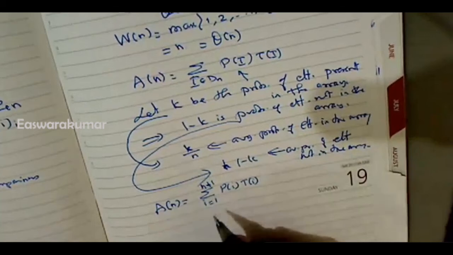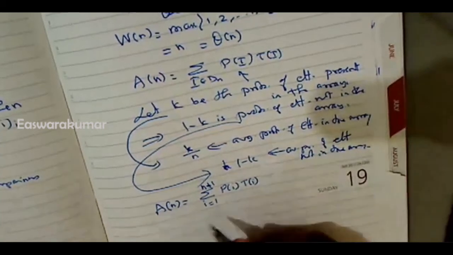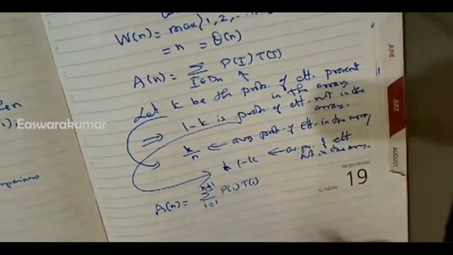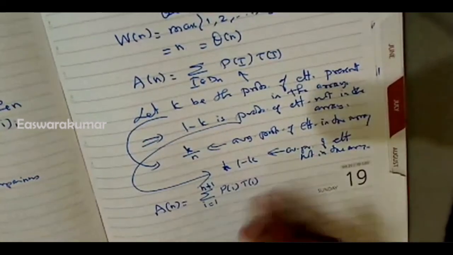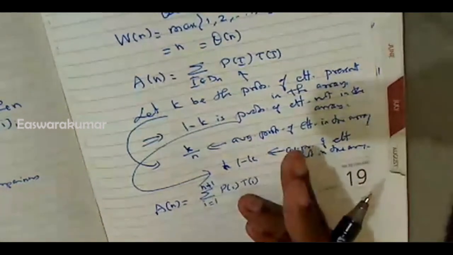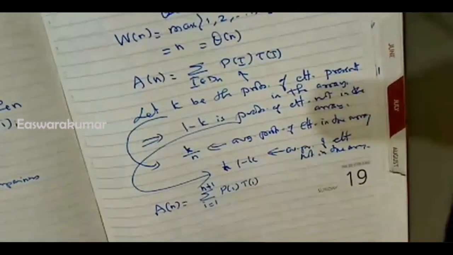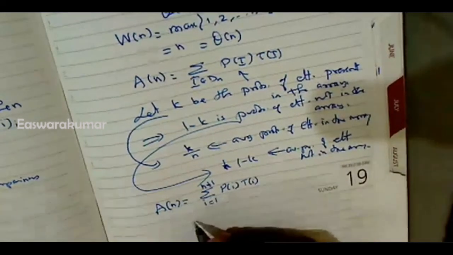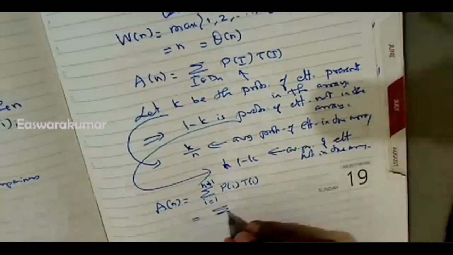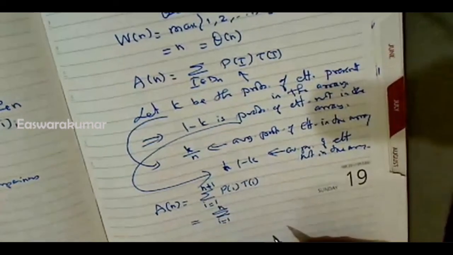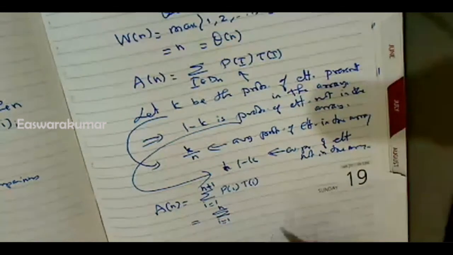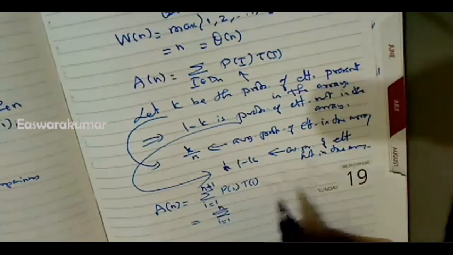So the summation I varies from 1 to n plus 1. Now we can split this into two cases: one for the successful case and the other for the unsuccessful case. The successful case is for I equal to 1 to n, the first n positions.